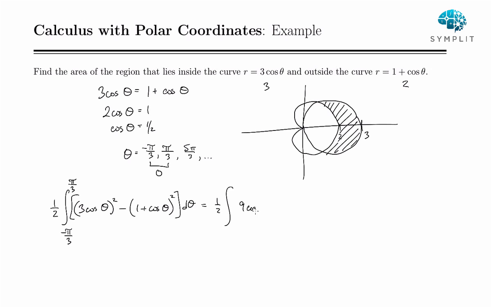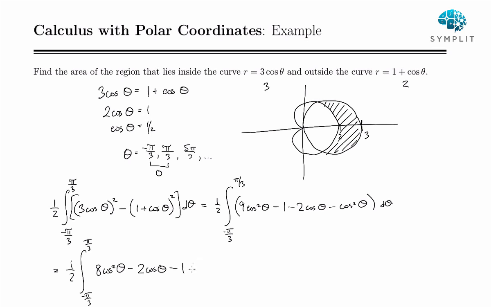We get 9 cosine squared theta minus 1 minus 2 cosine theta minus cosine squared theta. So the cosine squareds will combine, and we will have, from negative pi over 3 to pi over 3, 8 cosine squared theta minus 2 cosine theta minus 1 to integrate.